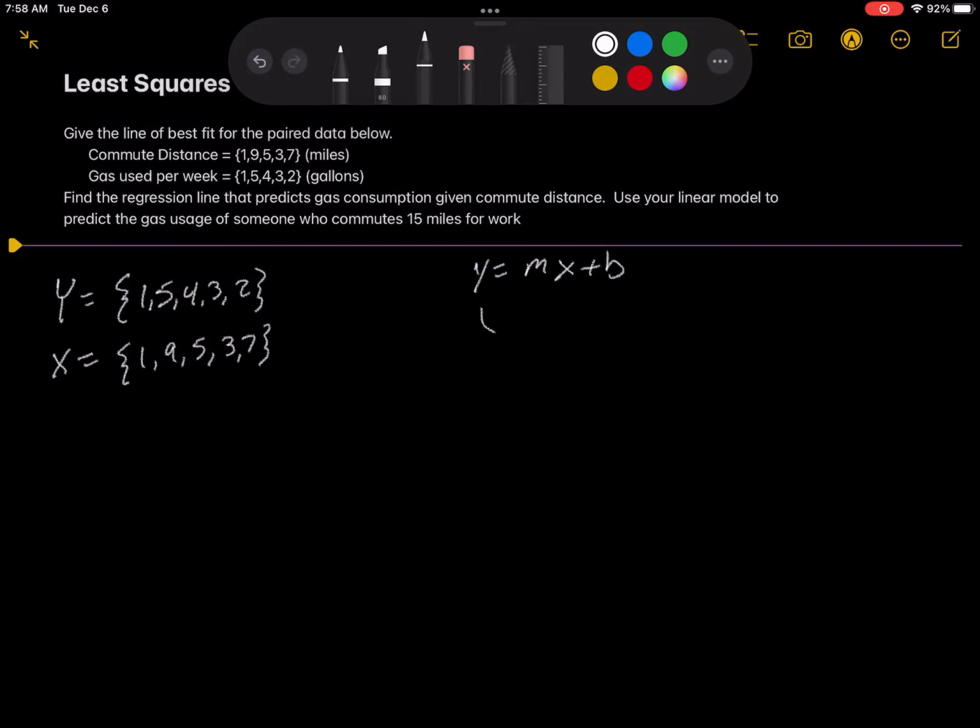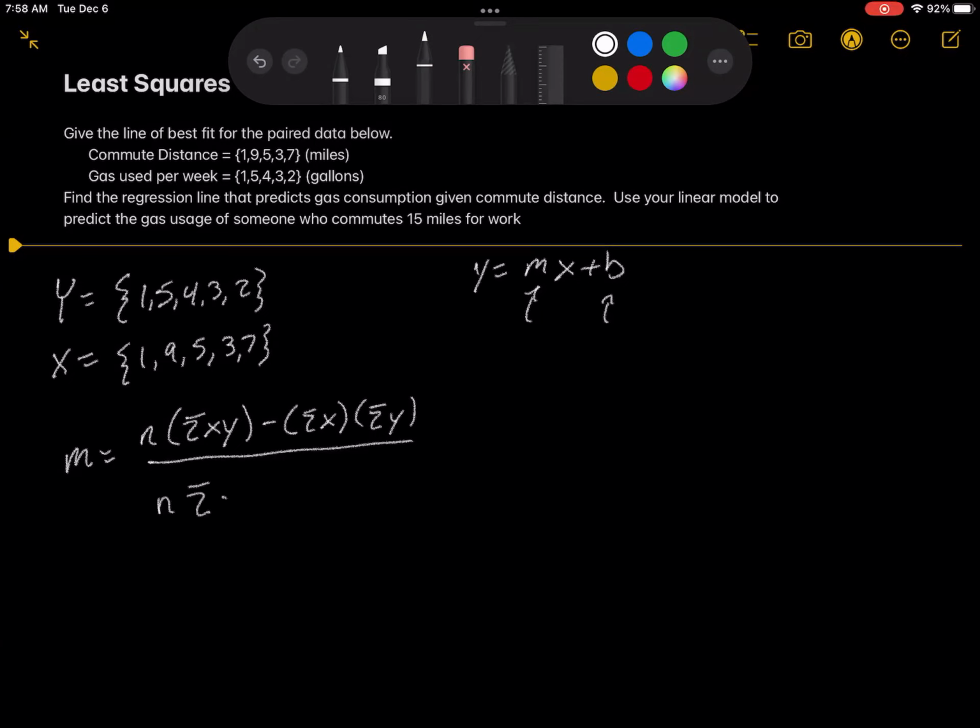All right, so as we're trying to build this regression line, I need to find the m and the b. And the equation is m is equal to n, the number of data pairs, times the sum of the product of x and y, minus the product of the sums. And then I divide that by n times the sum of the x squareds minus the square of the summed x's.